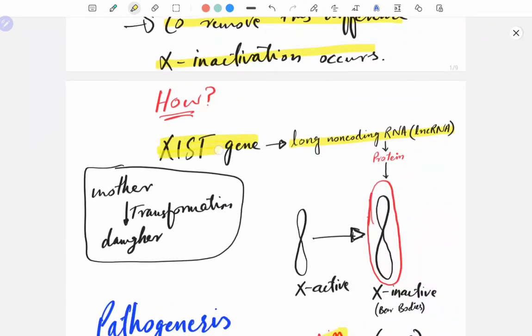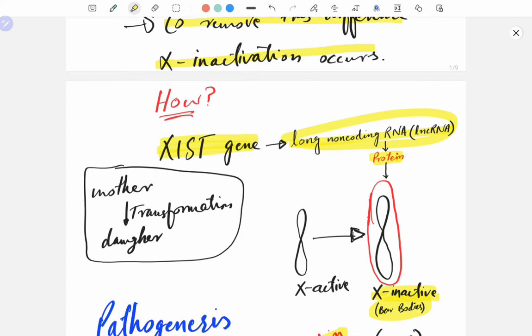This XIST gene produces a long non-coding RNA, and this makes a special protein that forms a covering around the active chromosome, and this active X chromosome becomes an inactive chromosome, and this is actually the Barr body.